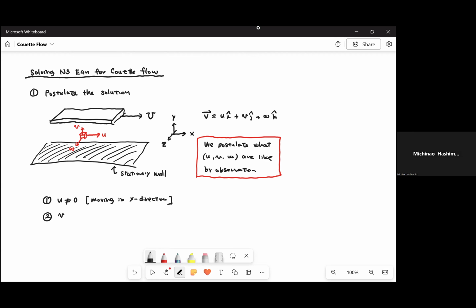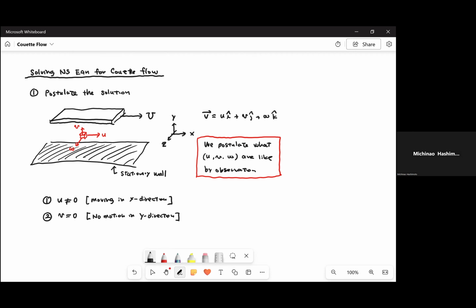Does it move up or down? If you think twice, we can consider there shouldn't be any flow, the fluid particle is not moving upward or downward. Therefore, we are able to say v equals 0. This is no motion in the y direction.